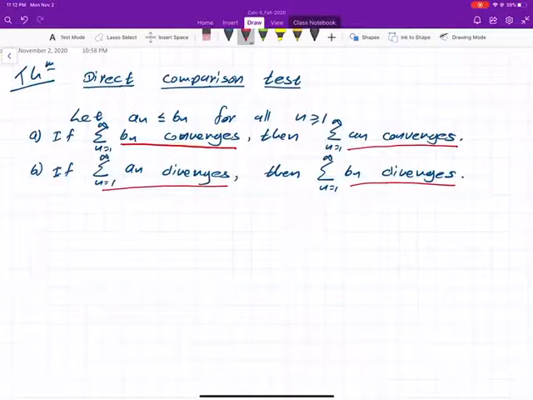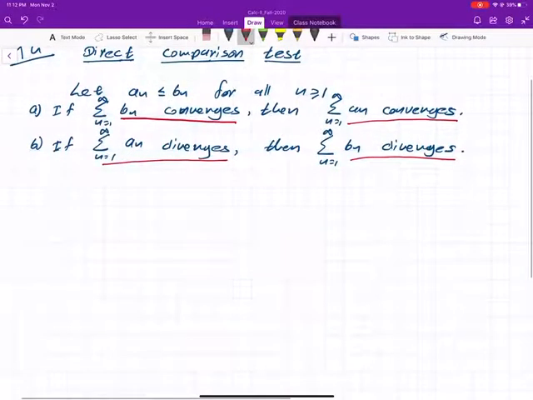Let's talk how to generate the second series, that means the series that you use to compare with. Okay, that's the first bullet. What series is the given series compared with?